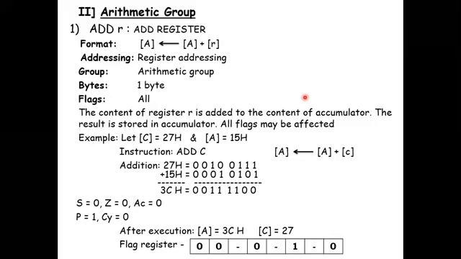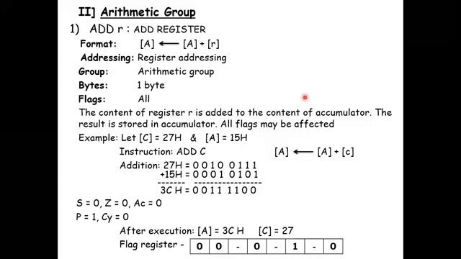Let C equal 27 and A equal 15. ADD C means we are adding 27 and 15. The output will be 3C. Let's see the changes in the flags. The output is a positive value, so the sign flag will be 0. The output is not 0, so the zero flag will be 0.